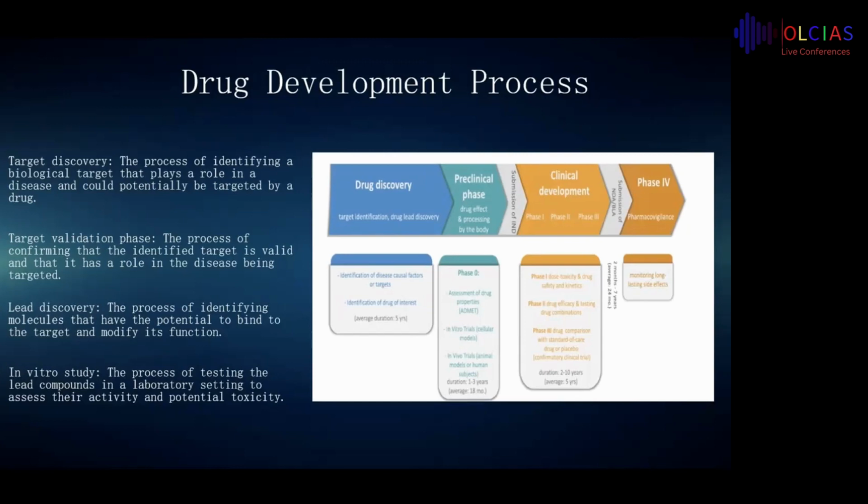Lead discovery: the process of identifying molecules that have the potential to bind to the target and modify its function. In vitro study: the process of testing the lead compounds in a laboratory setting to assess their activity and potential toxicity. We can see the stages on the right side: drug discovery, preclinical phase, clinical development, and phase 4.